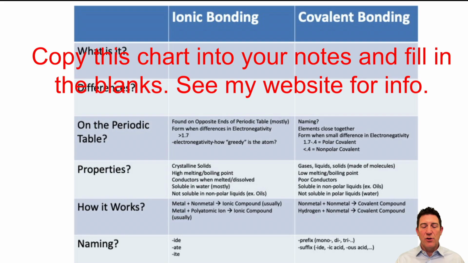So I would highly encourage you to write this down. You can add to it throughout all the other lessons. You can change the wording, but this becomes kind of like a really big help sheet for covalent and ionic bonding. I've got some more information to help you out and some things that you can use down in the description to help fill this out.